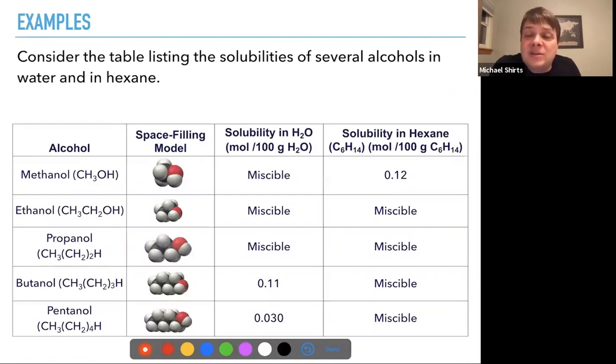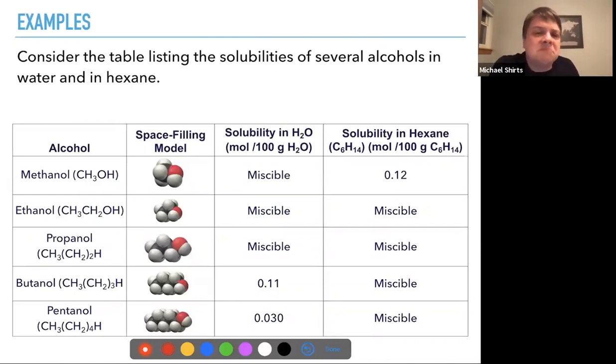If we go to ethanol, which has a little bit more of a greasy tail and can, again, hydrogen bond, it's miscible in both H2O and hexane. Propanol, a little bit greasier, is miscible in both water and hexane. Now butanol has more grease to it. It's only sparingly soluble in H2O.